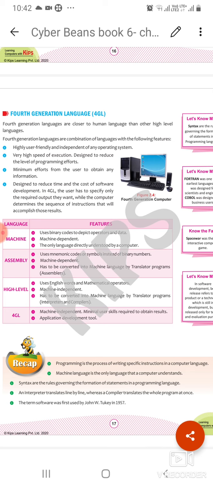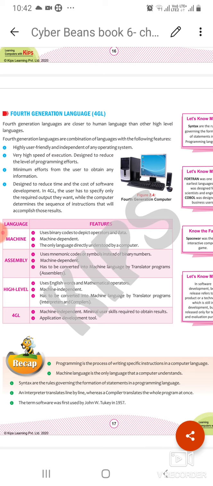In fourth generation language, the user has to specify only the required output, while the computer determines the sequence of instructions that will accomplish those results. So the user doesn't have to worry about how the work will be done. The computer itself determines the work and gives you the output.